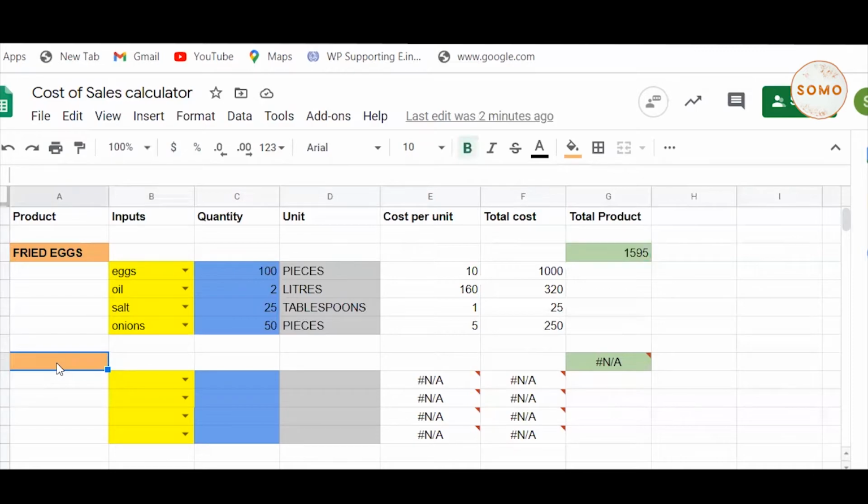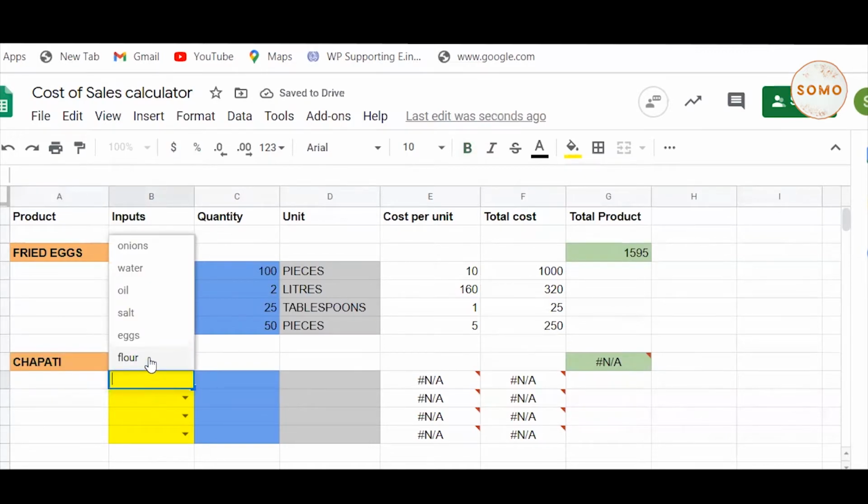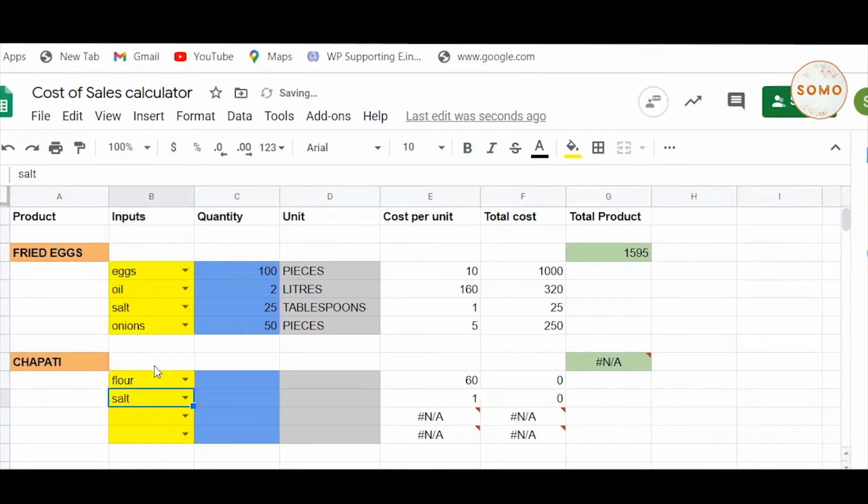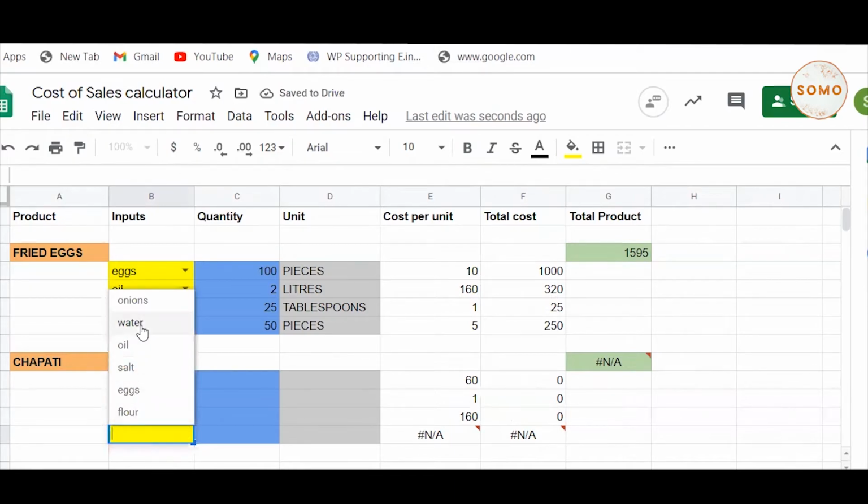Our second intermediate in this case will be chapati. To make chapati, we will need flour. We'll also need salt. We will also need oil. And lastly, we will need water.